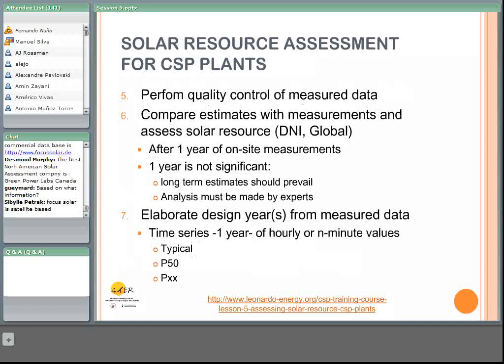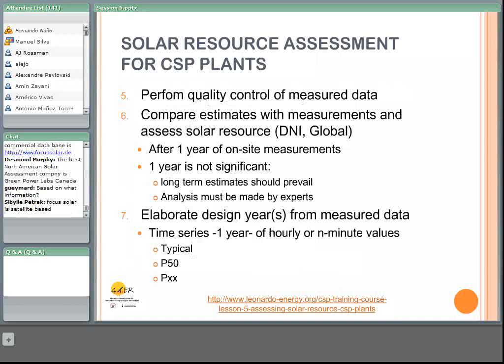Finally, normally it's required by the banks or even by the engineering to elaborate design years from measured data. These design years may be typical meteorological years, like the one we have commented before.